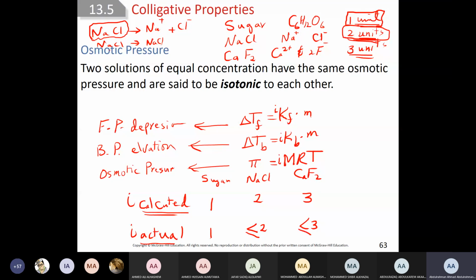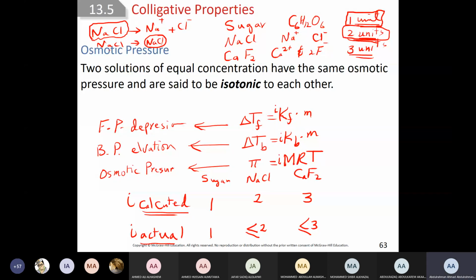Yes. The maximum is 3, but it should be less than 3. Okay, what is the reason that makes some things not dissolve? NaCl is a bad example, it will 100% dissolve, but there are other things like CaF2. Not all of it will dissolve.